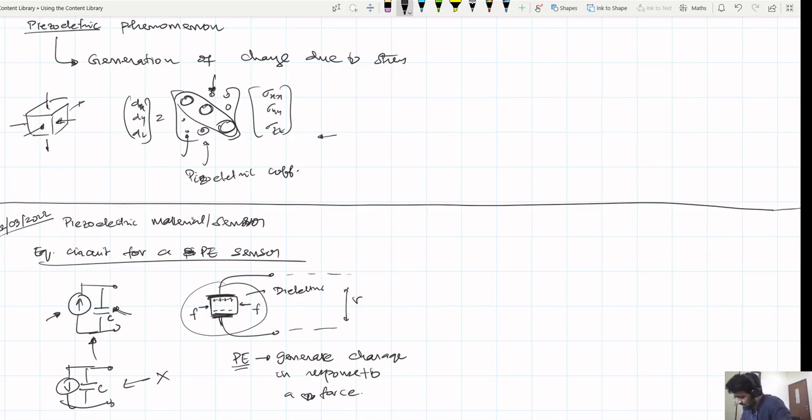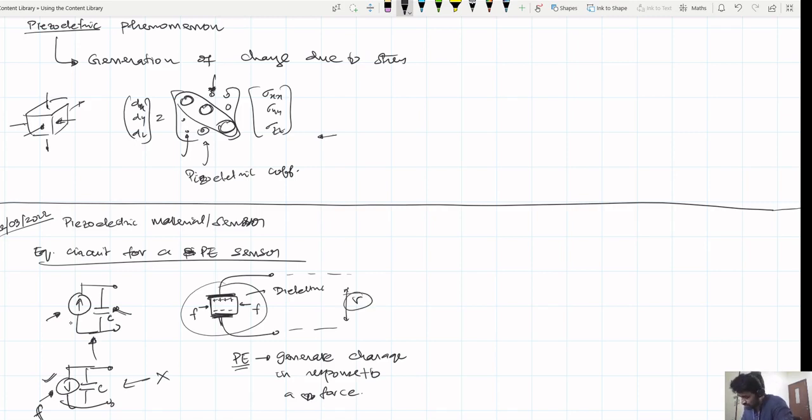If it was generating voltage in response to the stress that is applied, then it would make sense to model it like this, because the voltage generated by the sensor would be controlled by the force that is applied. What is actually generated is just charge, and voltage is the way of sensing that charge.